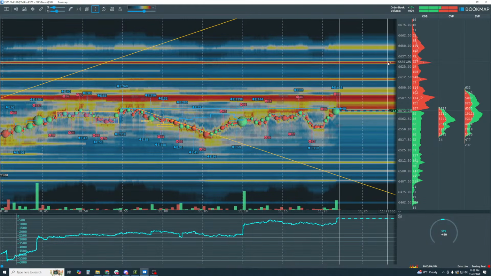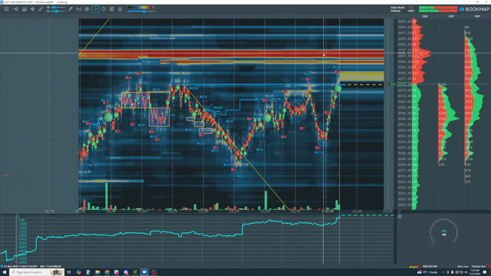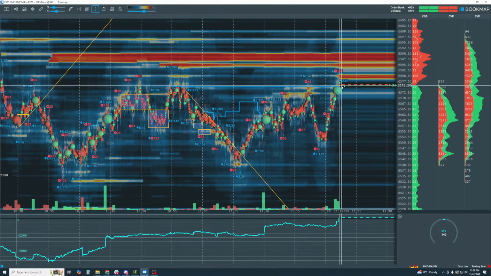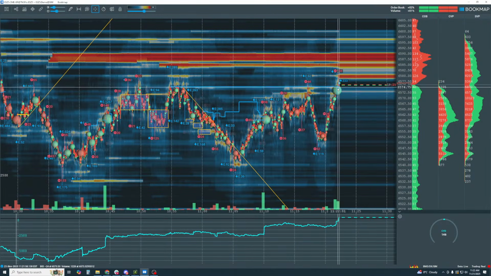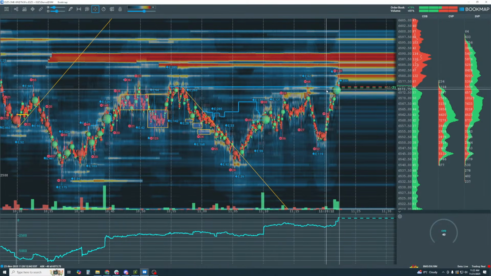Okay, there's more here at 30 instead. So those are the areas of liquidity that we see in here. Again, looking pretty good here for a breakout. There's a lot of volume in here. Now we just need to see the follow through on that.